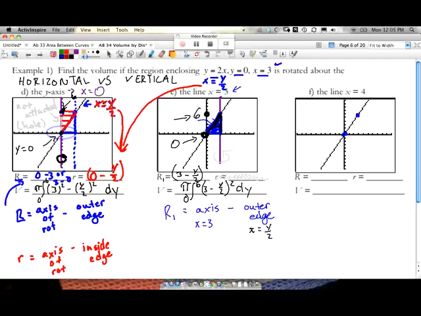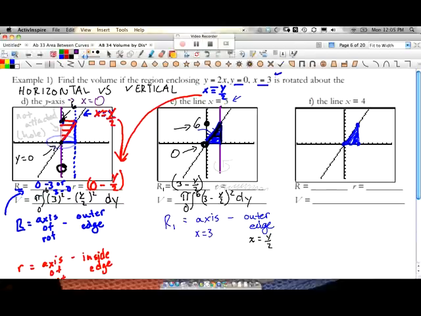And so we're looking for this enclosed region. But now we're rotating around something quite different. We're going to be rotating around not an attached axis, but all the way out here at 4, which gives us a bunch of empty space in the middle.